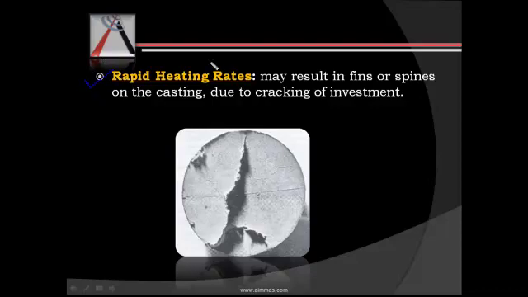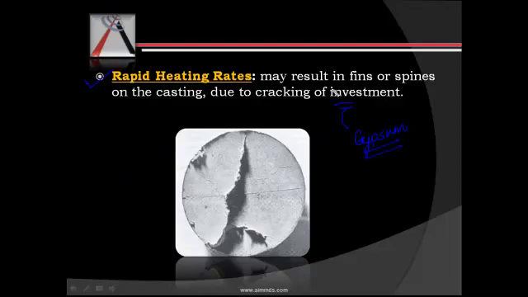The next cause of a defective casting is a very rapid heating rate. Now if an investment during the burnout of wax process is heated very rapidly, it may result in cracking of the investment. This is especially true with gypsum investment materials, which are not very resistant to heating.